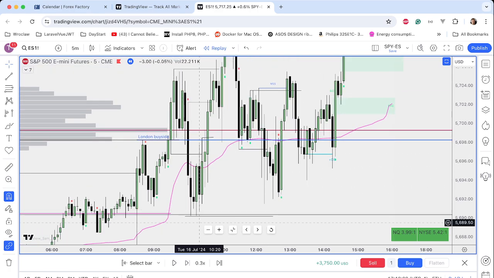If they didn't cover, they start to realize at this point, wait a second, this is going up. Now you can buy that because you got this momentum on this candle.